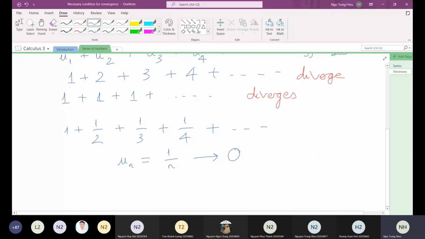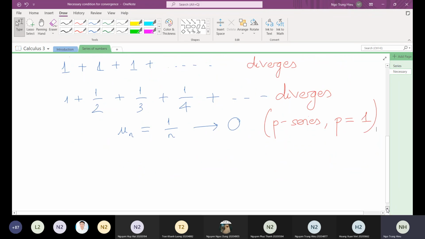So this series diverges, because this is a p series with p equals 1. So this condition, u sub n goes to 0, is true, but the series still diverges because it's only a necessary condition.